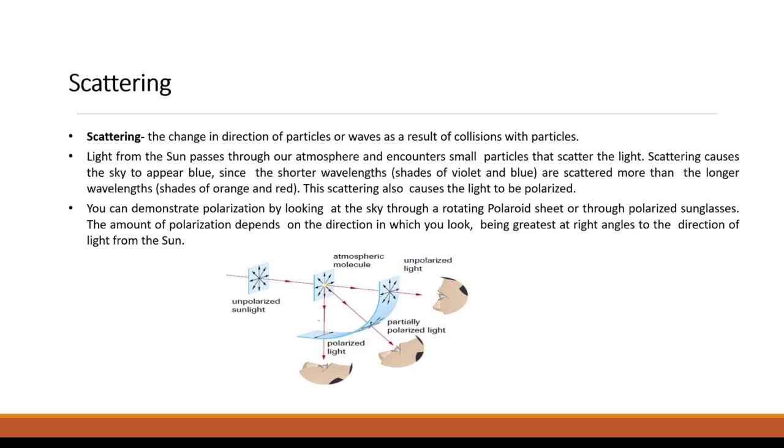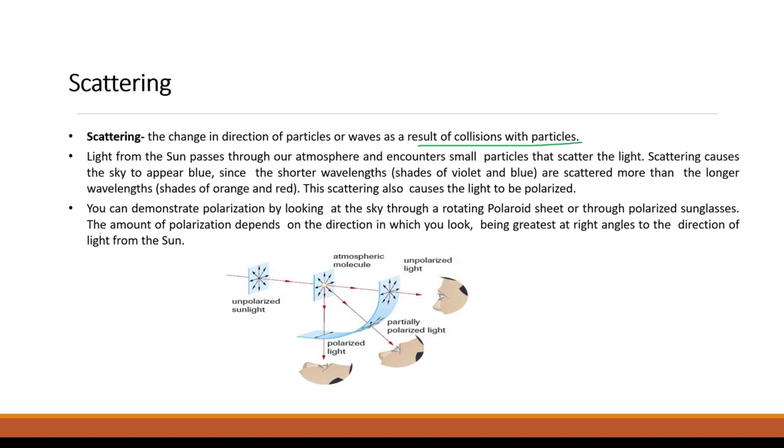So scattering is also a process involving polarization. It's the changing of the direction of particles or waves as a result of collisions with particles. So light from the sun passes through our atmosphere and encounters small particles that scatter the light.